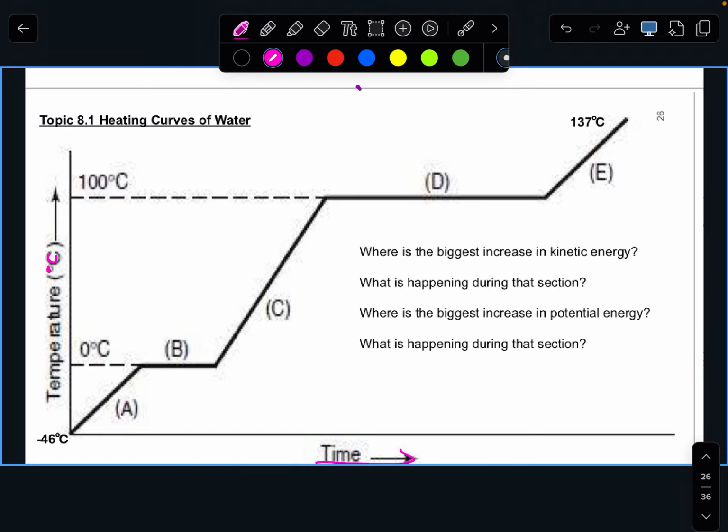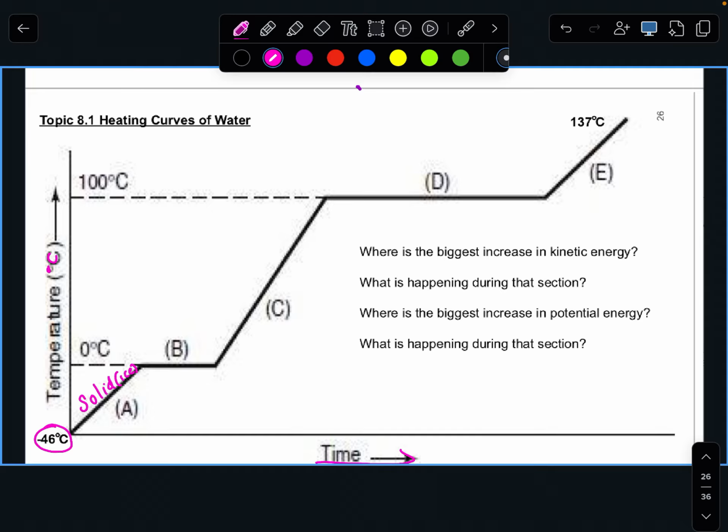Okay. So, on this graph, I gave you ice, which is at what temperature? Minus 46 degrees Celsius. So you got ice, which is very cold, and you can write ice is in what state? Solid, or you write ice if you want.